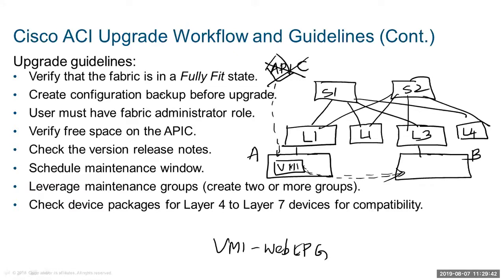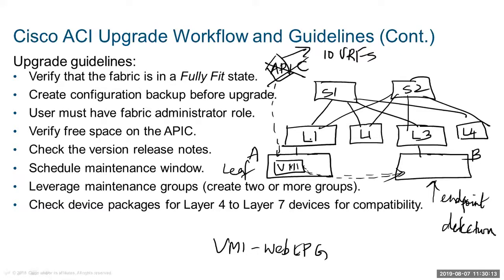The key to this product, which some of you may not have noted, is that the VRF gets created on the leaf switches only when it detects the endpoint. So even if you configure 10 VRFs, that doesn't mean all 10 VRFs get created on my leaf switches.